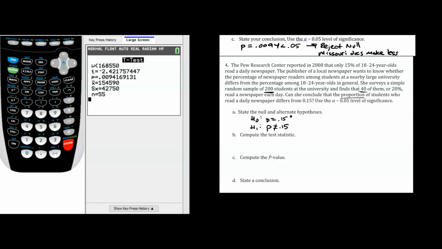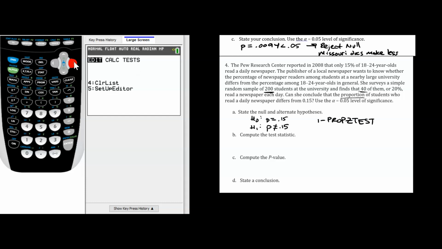So we're doing a hypothesis test involving proportions. So we're going to say, let's go to one prop z test. And that is stat, tests. And that one prop z test is number 5. P naught, that's the null value of our population proportion. We can see that that's equal to 0.15.